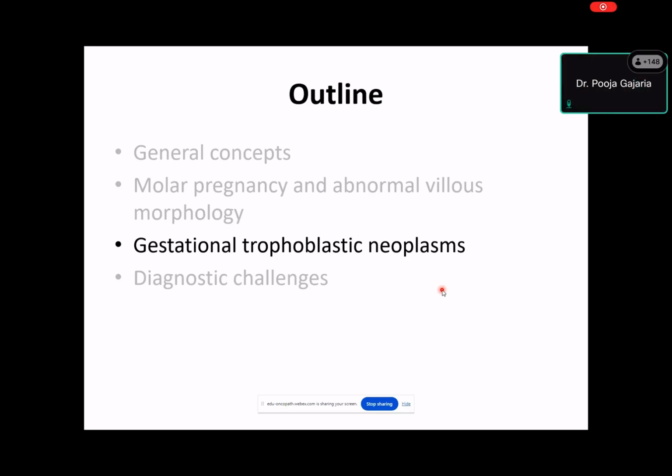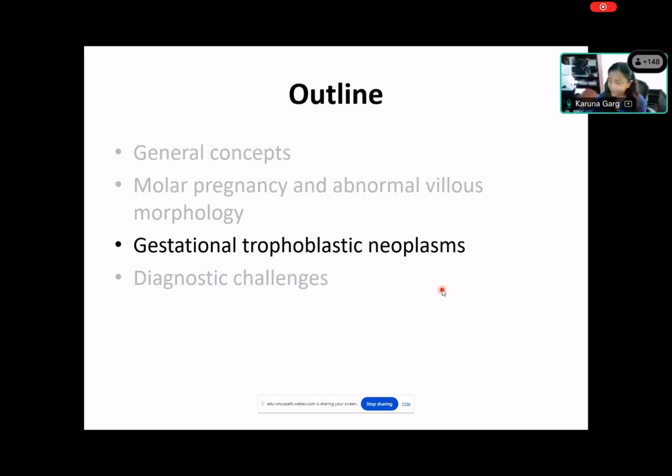Karuna, there's a very interesting question. It says, why is the intermediate trophoblast positive? Excellent question. When I first started dealing with P57, that was my first question too. It makes no sense, so I went in and did some more digging. I'm not a molecular pathologist, but what I understand, and I'll quote from the paper I read, is that the imprinting gets loosened in the intermediate trophoblastic cells.